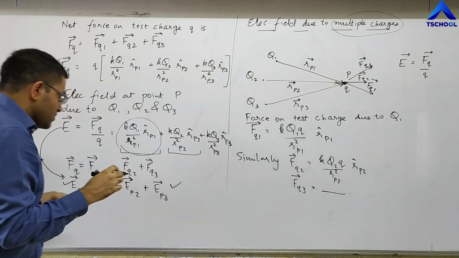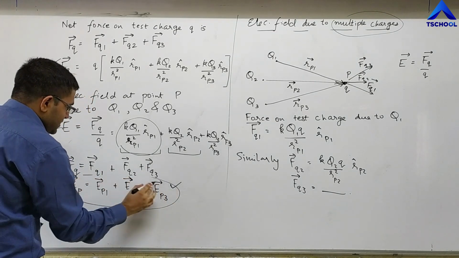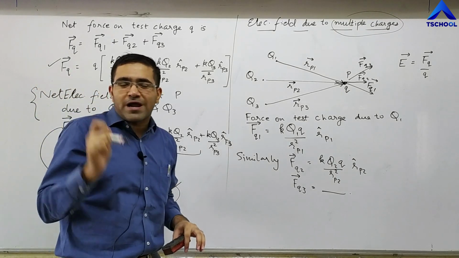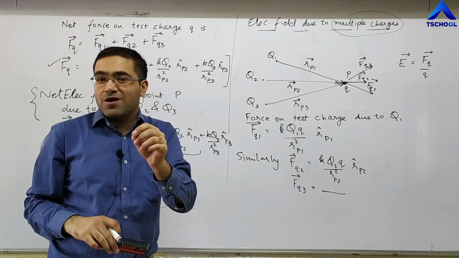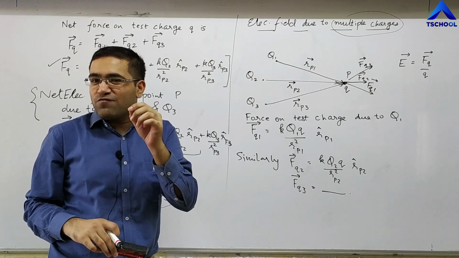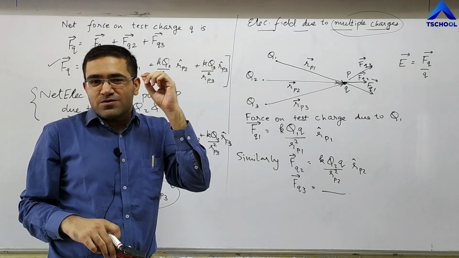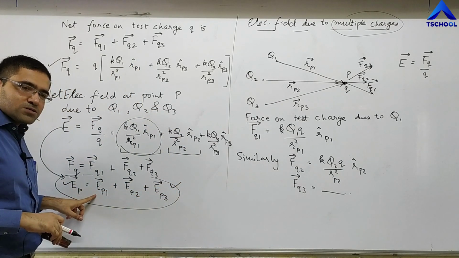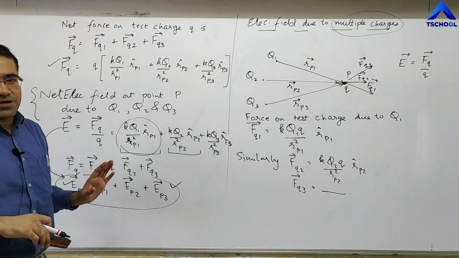Along with it, I'd like to draw your attention: look at this carefully. It's all vectors. That means you cannot add magnitudes of electric field. I hope you remember that common mistake of students adding force magnitudes. So remember, do not add magnitudes of electric fields because they are vectors, just like forces are vectors.